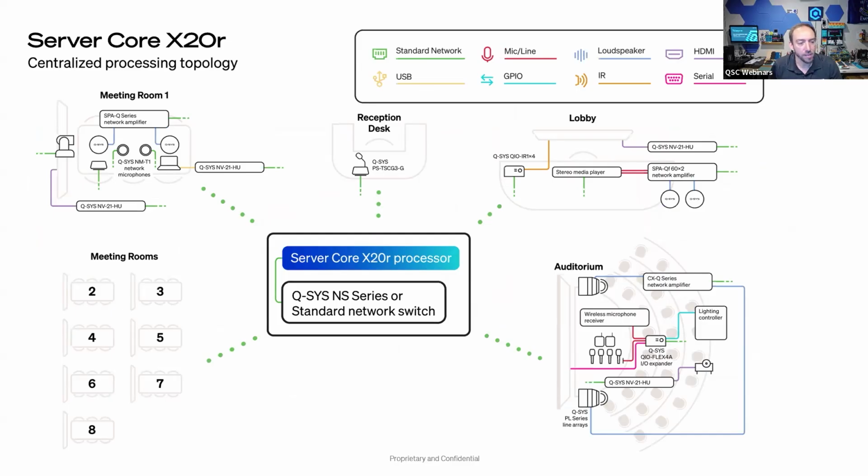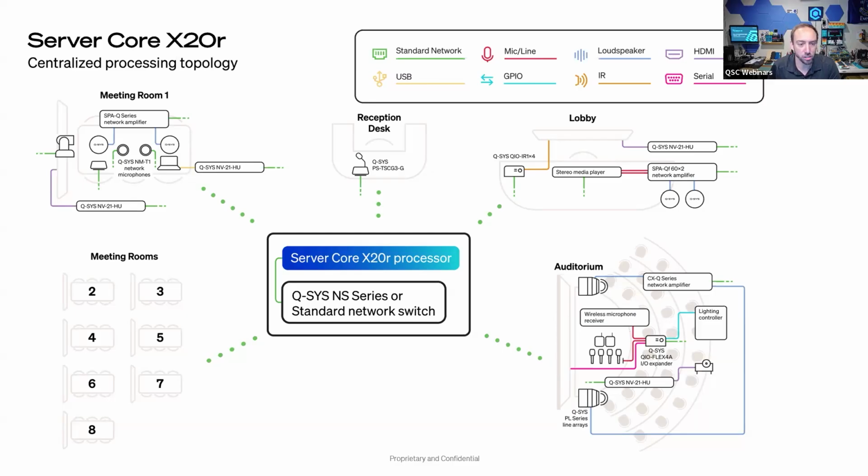So 8 meeting rooms, each with their own network microphones, NV21s, and SPAQ for network amplifier to drive ceiling speakers. That's typical of 8 meeting rooms. So we've got 8 of that same meeting room. We could have 16 to 20 of those, no problem.